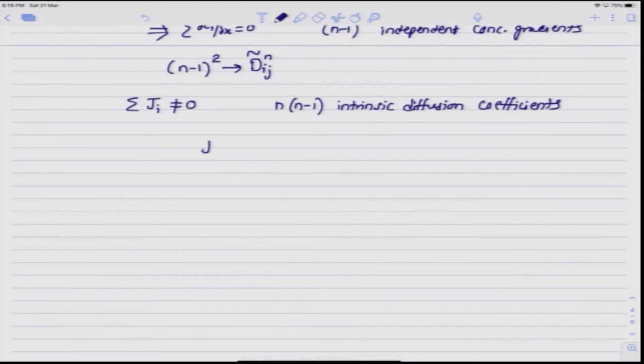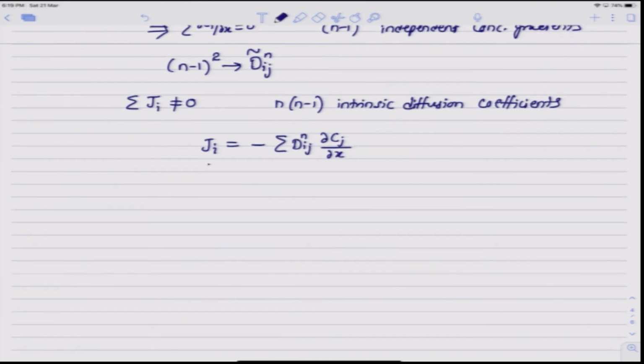And we can write Ji as minus Dij n, again we need to treat one concentration gradient as dependent, dou Cj by dou x. So n minus 1 terms for each flux, and there will be n such fluxes. So there will be n times n minus 1 intrinsic diffusion coefficients.